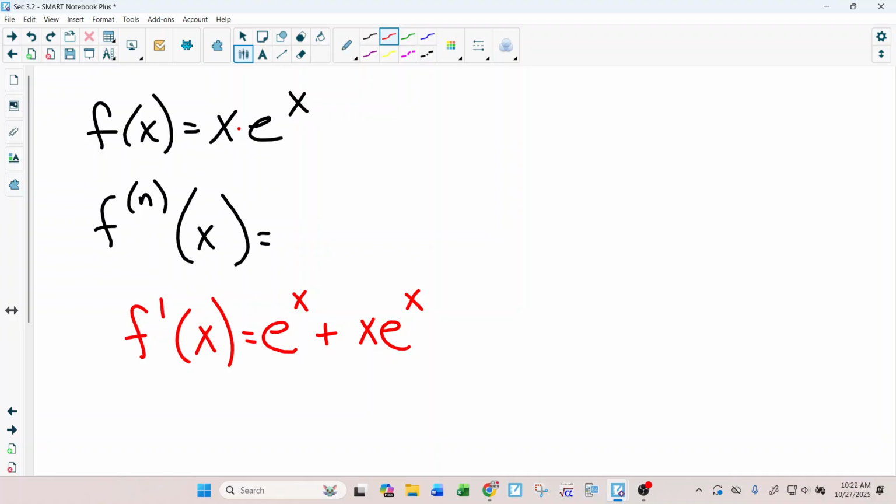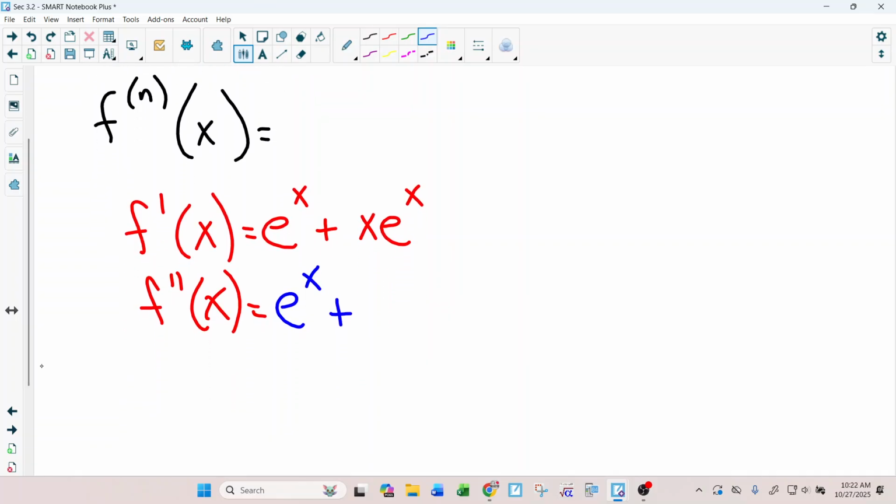Now, what would the second derivative be? What is the derivative of e to the x? E to the x. And then what is the derivative of x e to the x? Just that, isn't it? That's what we started with.